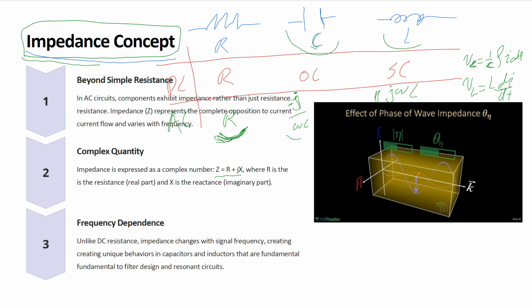So at our level, the real part normally comes from the resistance, and the imaginary part comes from the capacitor and the inductor. Now this X, we call it reactance, which is the imaginary part of the impedance.